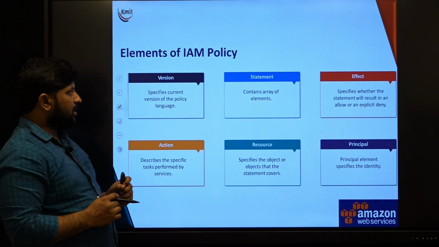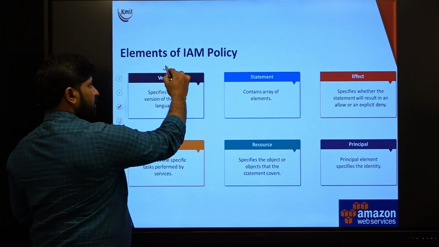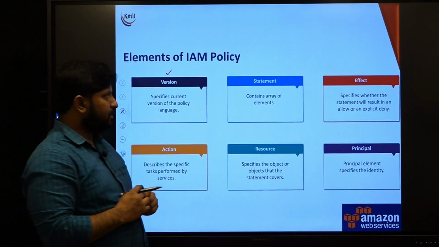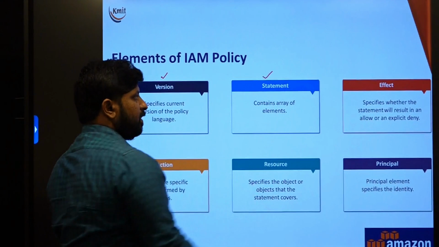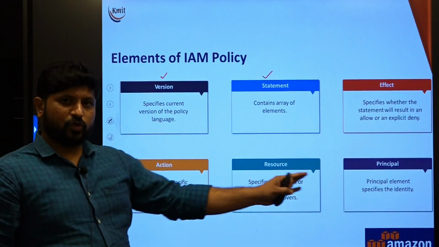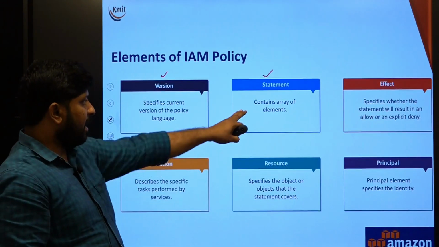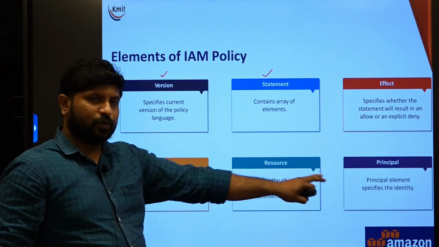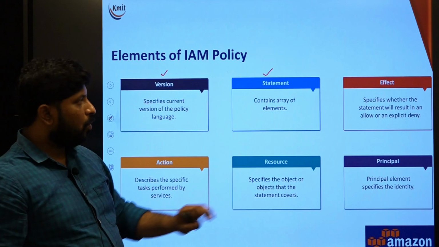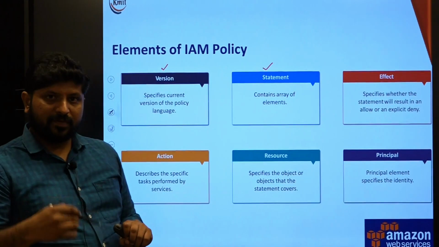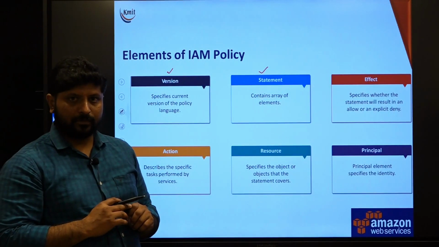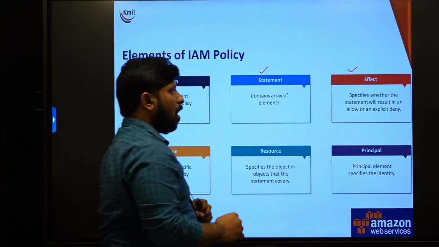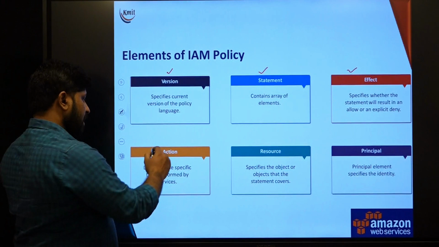So, what does a policy contain? Version, which tells which particular version of the policy it is, and a statement which has effect, action, resource and principal. It is an array of elements, and those elements are effect, action, resource and principal. What is an effect? Whether a particular service needs to be allowed or denied, that is your effect: allowed or denied. What is an action?